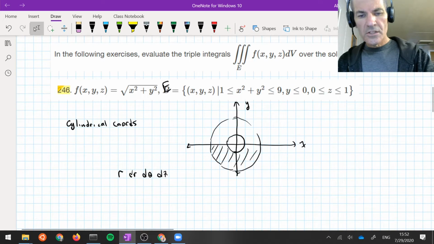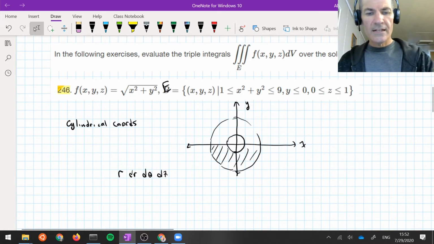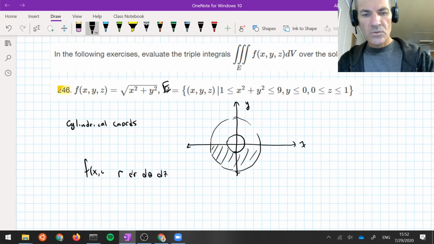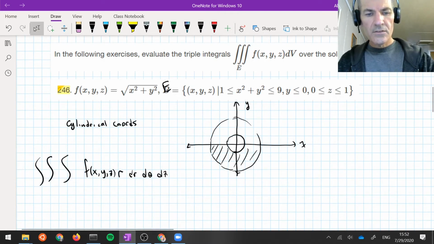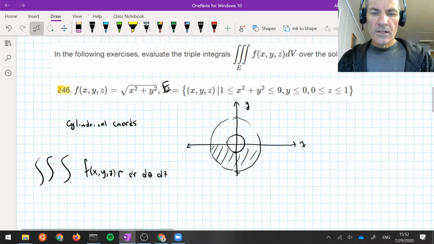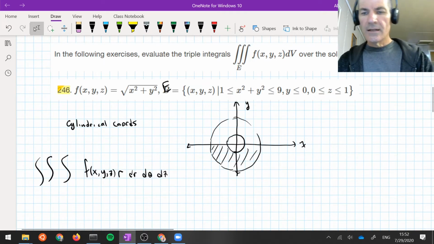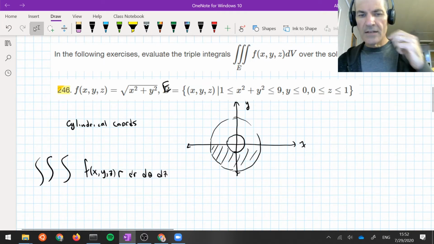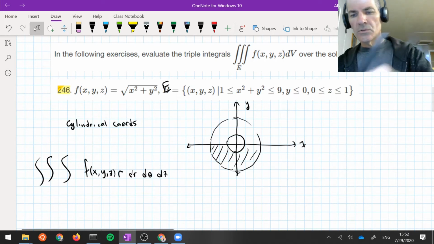And since we're doing cylindrical coordinates, we always need this extra factor of r. And then we also have the integrand x, y, and z, like this.